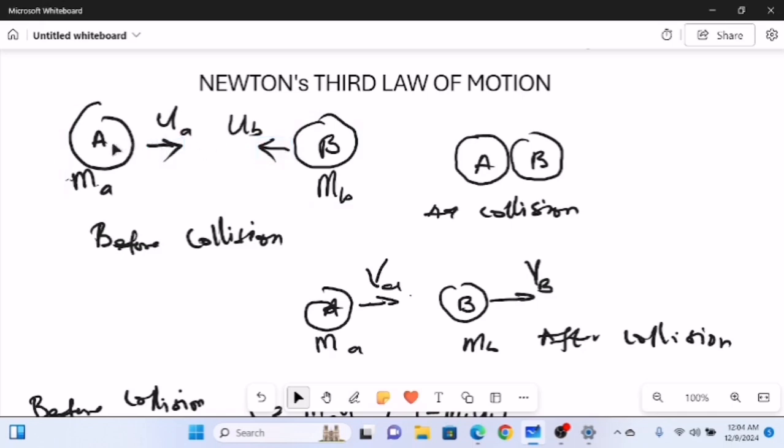Whereas A is positive, B is going to be negative, because it is moving opposite the motion of A. So that is why the momentum of B is taken as negative. You can also switch and say minus MAUA plus MBUB. You're still going to be very much correct.